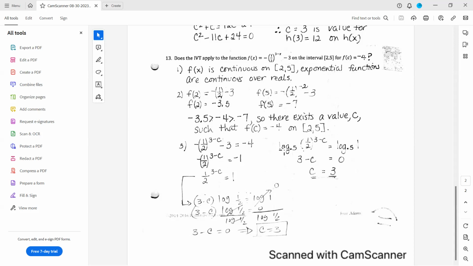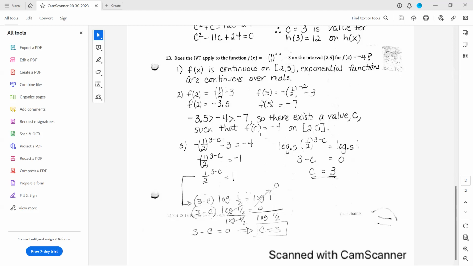Log of, so she says, log of, wait, what is she doing here? Oh, okay. She did a shortcut. It threw me off for a second.